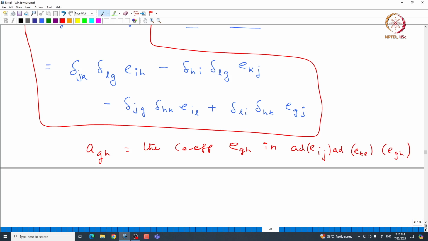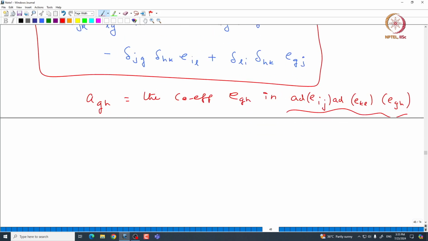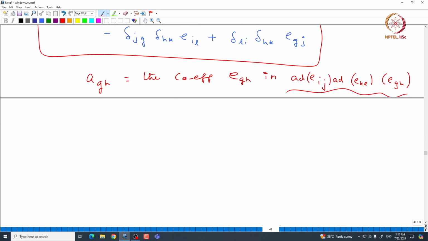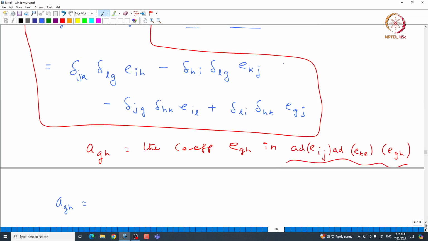The diagonal terms will be the coefficient of E_gh inside this. So, the ith term should be the same, so that i is g, h, and this is exactly the E_gh. So, then what is it? If you just write it in terms of this formula, you can easily see that.